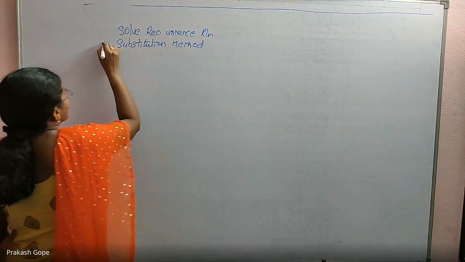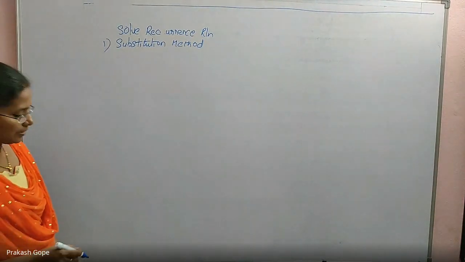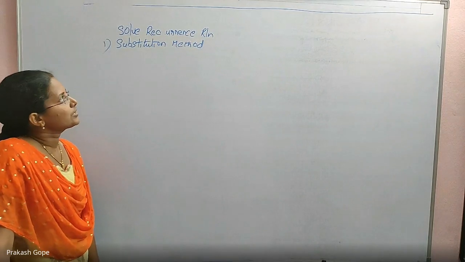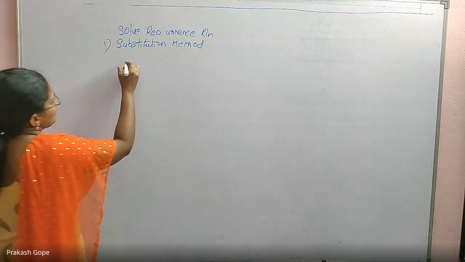We are just learning, but we will not use it. We will straight away go forward to master's theorem in GATE questions. Okay, the recurrence relation is like this.